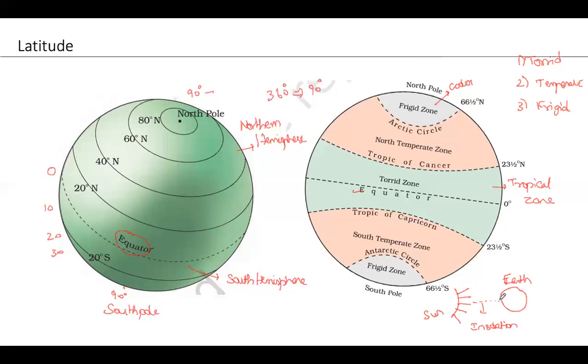So when the earth is here, the lines which are exactly perpendicular to it will receive a good amount of solar energy. When we move away from the equator, like at the pole, the solar energy will be very less, so they will feel very cold. So what is solar energy? Solar means it has light plus heat, that is solar energy. That's why in the polar region we feel very cold, because the sun's heat does not fall here directly.